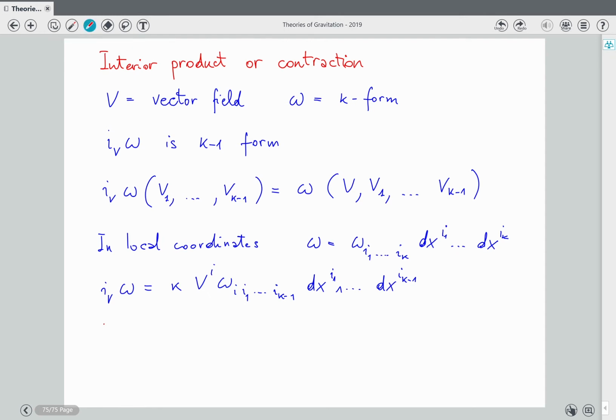The Lie derivative is defined as follows.